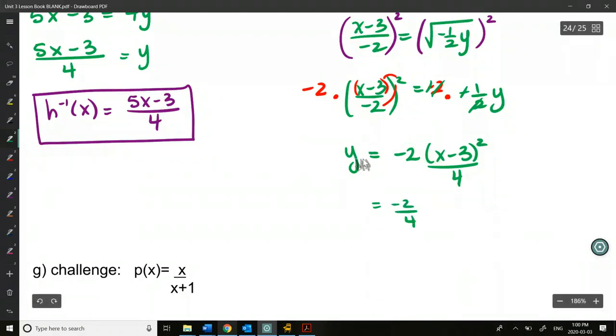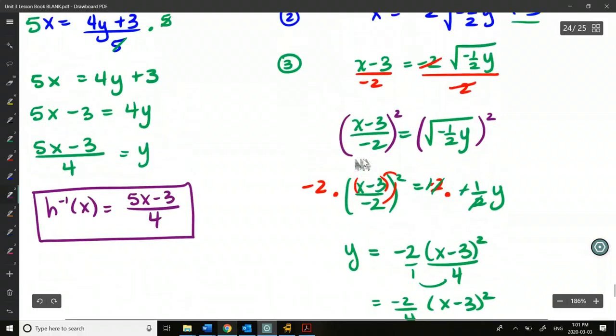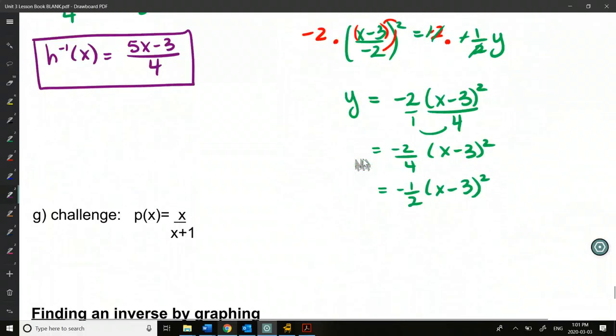So it's like negative 2 over 4, which can actually be reduced to negative 1 over 2. Just thinking about this as if it's over 1, and I'm just bringing this 4 over. Okay, and I'm just going to replace y with its function notation as well, which is g inverse at x.